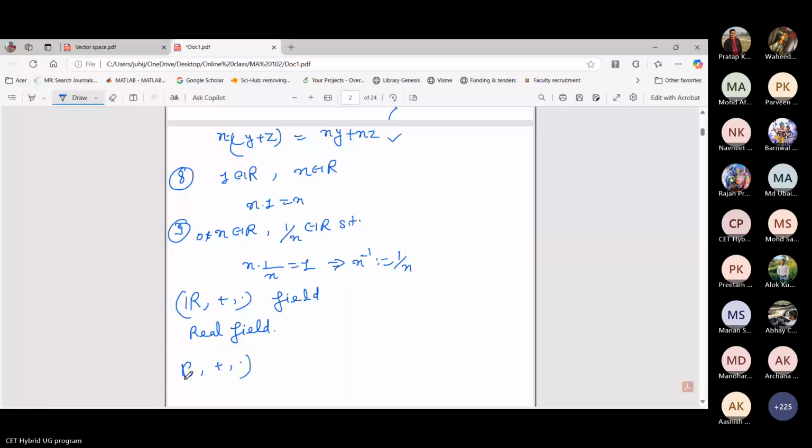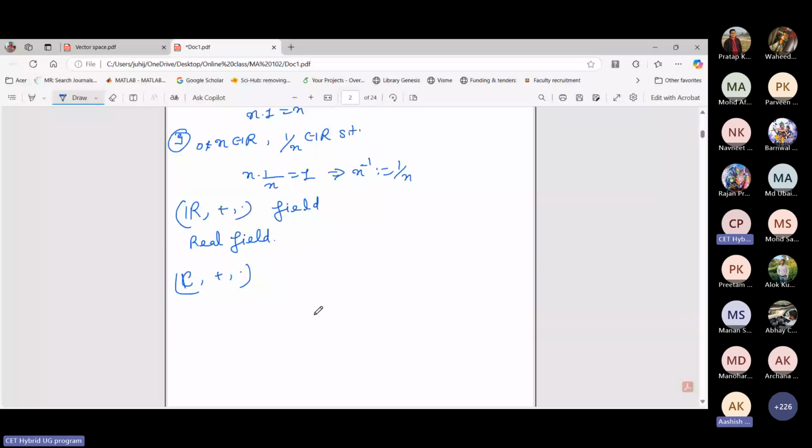Why can't you verify? Whenever we take two complex numbers, yes, ma'am, we can.